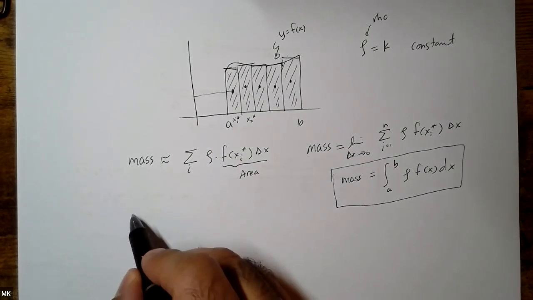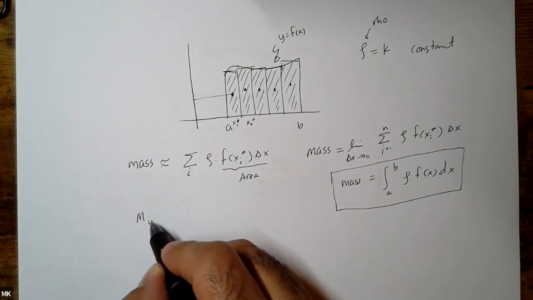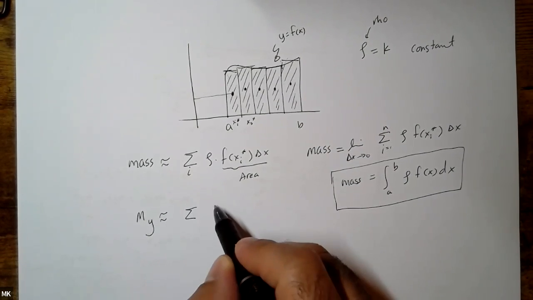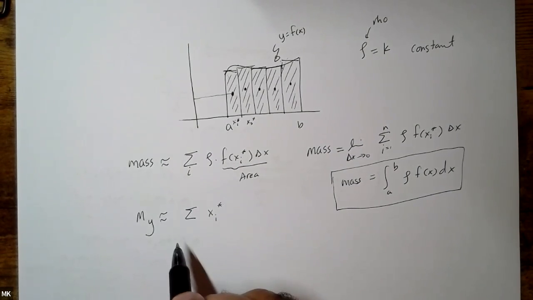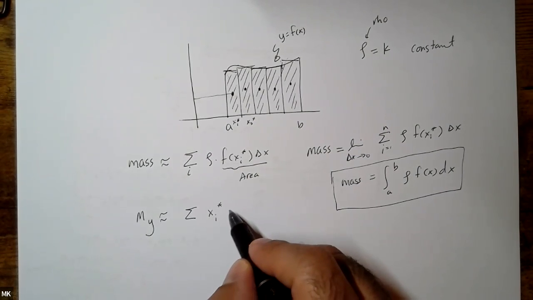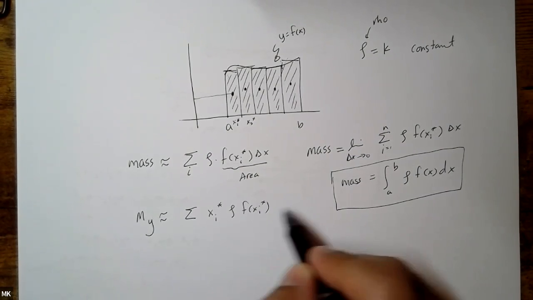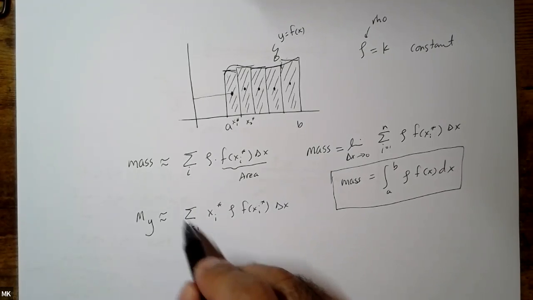So for each rectangle, if I want to calculate the moment about the y-axis, it's going to be the sum of multiplying the distance, which is xi star, times the mass of each box, which is rho f of xi star delta x, and adding them up.